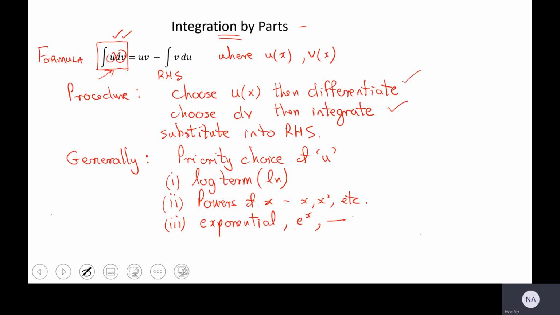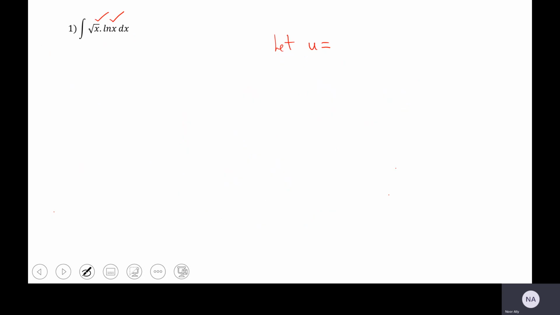It says go for a log term first. So in this case, we're going to let u equal to ln of x. And what do we do with u immediately? We differentiate u. du dx is equal to 1 over x. Therefore, cross multiply, du is equal to 1 over x dx.